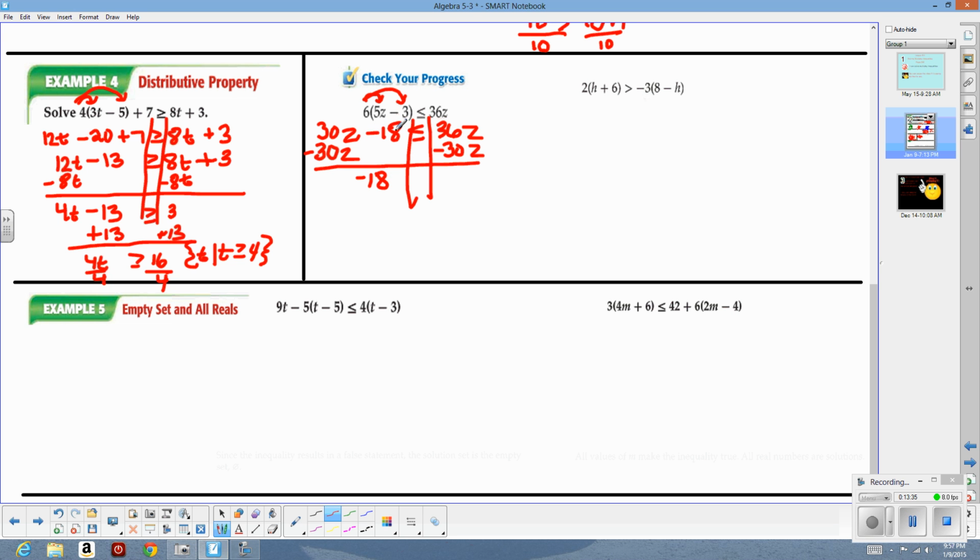Careful here, it's negative 18. It's less than or equal to 6z. Now we're going to divide both sides by 6. So we get negative 3 is less than or equal to z. We do not need to flip the symbol because we divided by a positive. So our solution then is all real numbers z such that z is greater than or equal to negative 3.